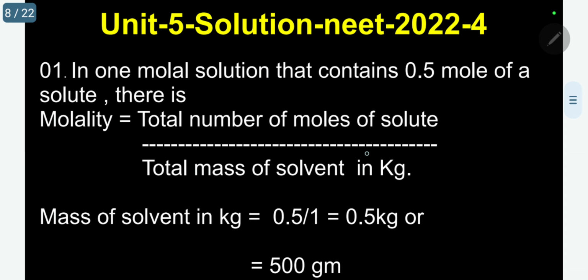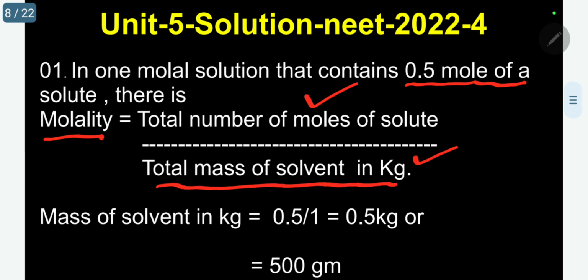So if you apply this formula, here the total mass of the solvent in kilograms we have to calculate. So automatically this will go upward and molality will come down.